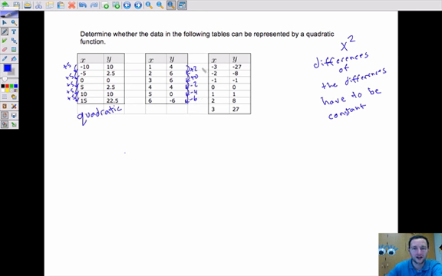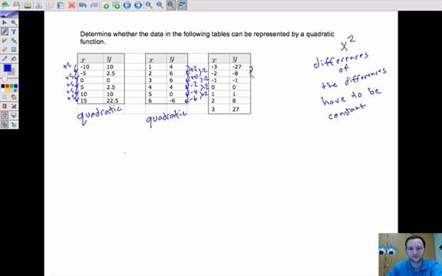If I look at the differences of the differences, this is 2, 2, 2, and 2. And it's minus 2. It's going down, the differences. So the differences of the differences are all the same. They're all negative 2. So this is quadratic. All right.